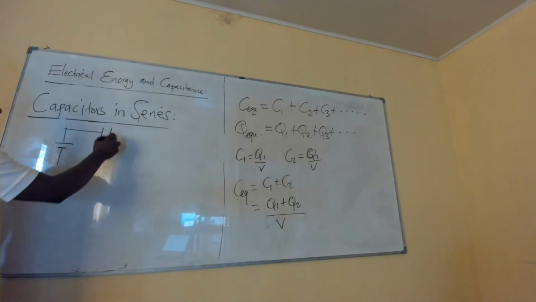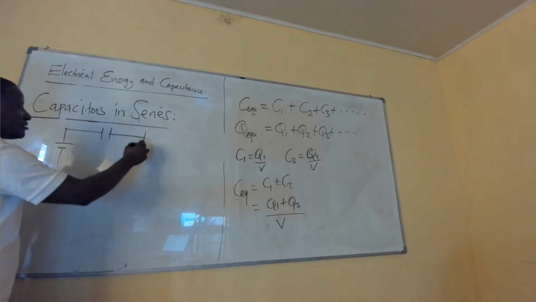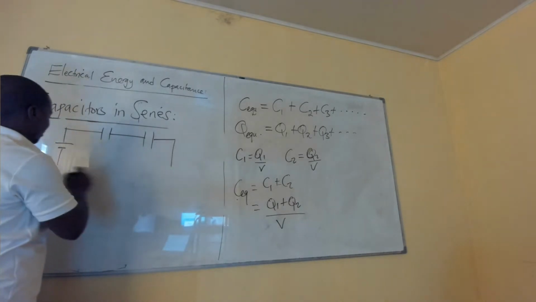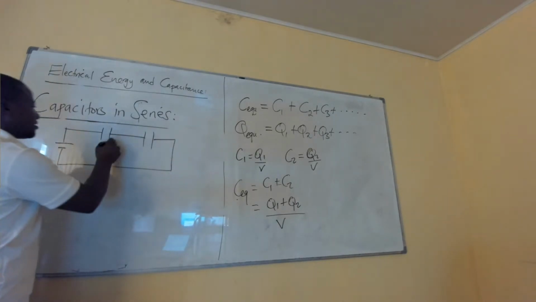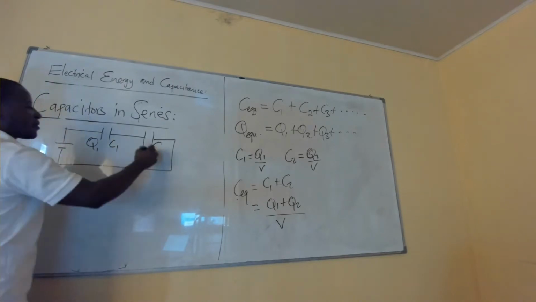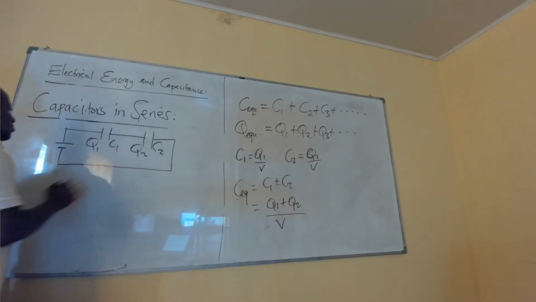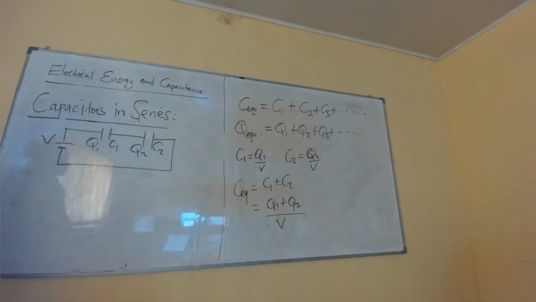Then we have C1, C2. And of course, we have this arrangement, C1, Q1, C2, Q2. This is our voltage connected in series.